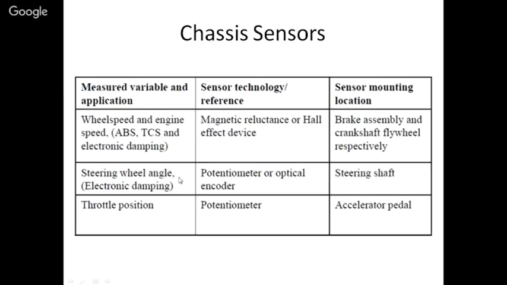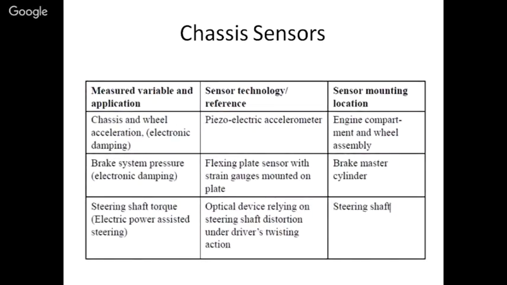Steering wheel angle uses potentiometer or optical encoder types. Optical encoder we have not discussed. Throttle position sensors are again potentiometer type. Chassis and wheel acceleration use piezoelectric accelerometers.